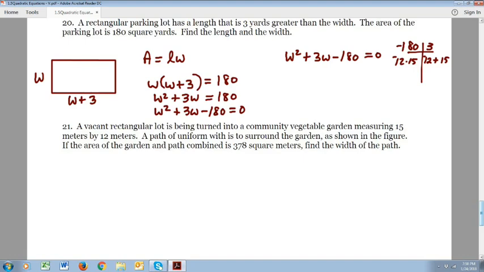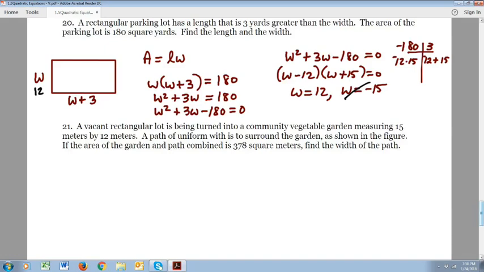Now, because this is a 1, we know that we can just plug those in. So we're going to have W minus 12 times W plus 15. And so we're going to get 12 and negative 15. Now think about this. We're looking for width. So certainly width can't be negative.